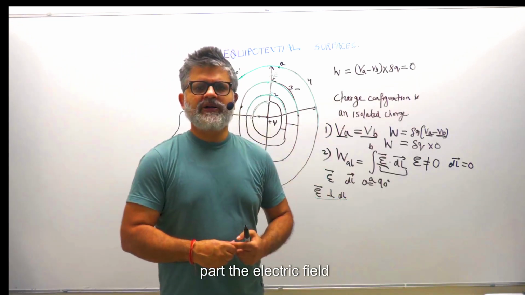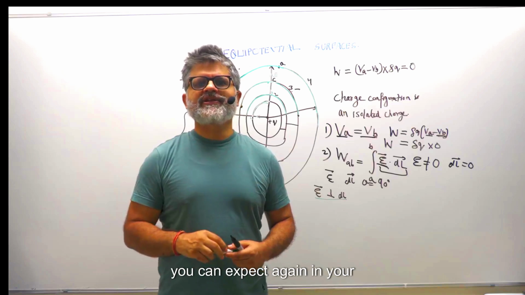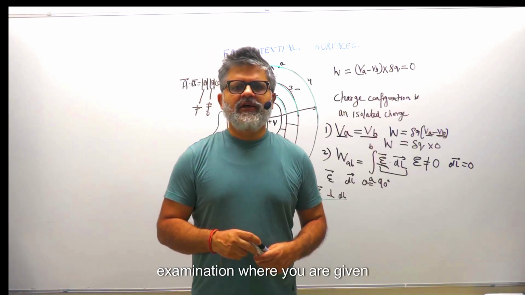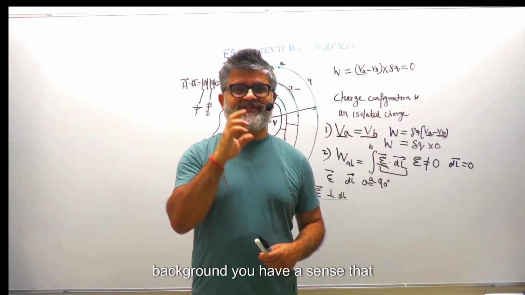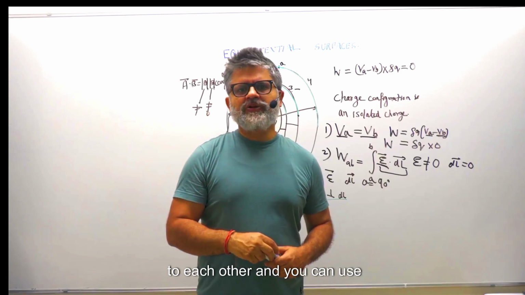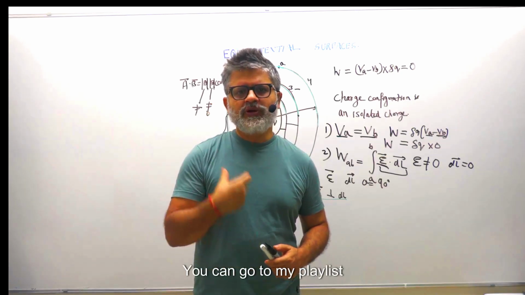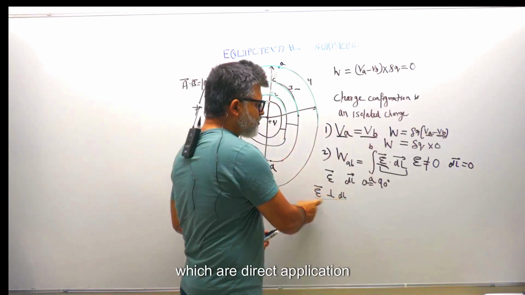Very important part. This is one of the questions you can expect in your board examination or entrance examination, where you are given a tricky question and in the background you have a sense that electric field and dL are perpendicular to each other, and you can use that to your advantage to solve the problem. You can go to my playlist, you will find some numericals which are a direct application of this concept.